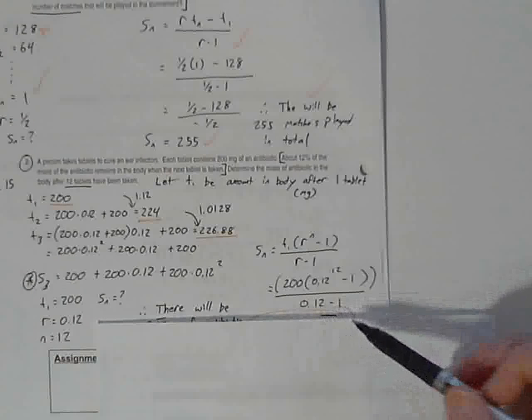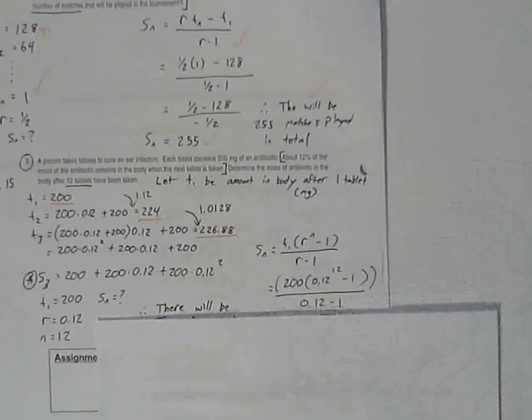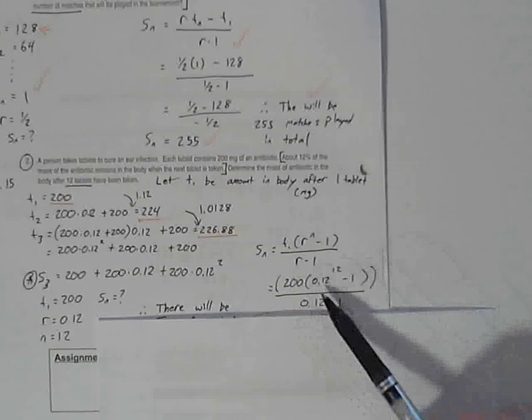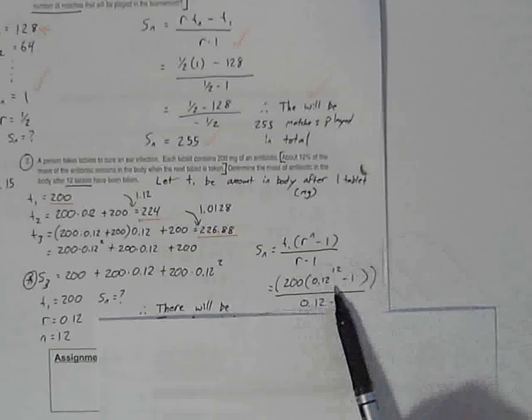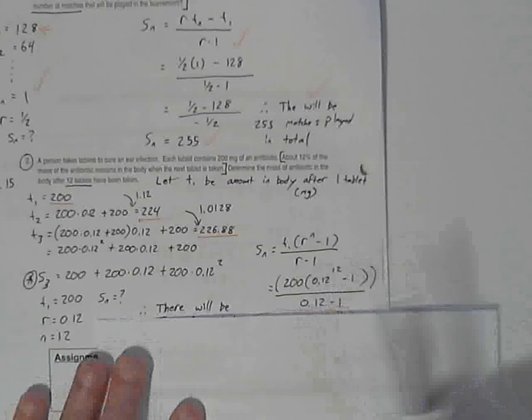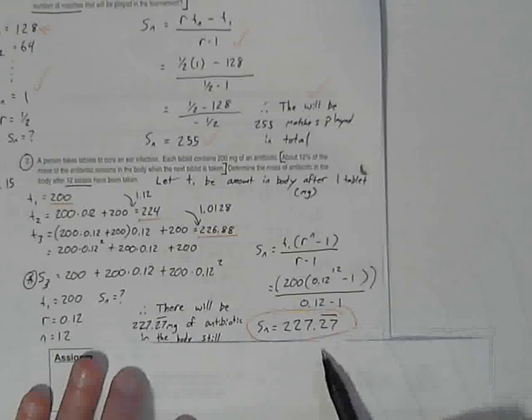So it took a lot of steps and a lot of brackets, all entered at the same time. Please try this with your calculator. Make sure you can get to the right answer. The right answer should be 227.27 repeated.